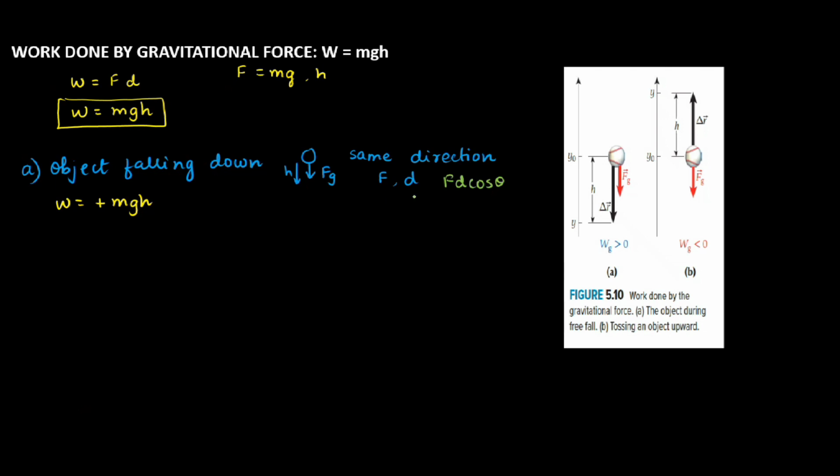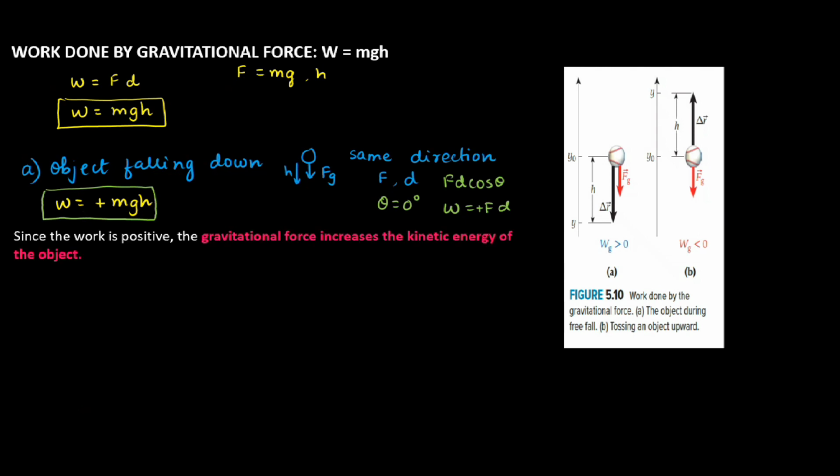And whenever F and D are in the same direction, the angle theta between them is 0. And when you substitute cosine 0, it will give you 1. So that gives you the work as F times D, which is positive F times D. So when an object is falling down, work done by force of gravity on that object is positive mgh.